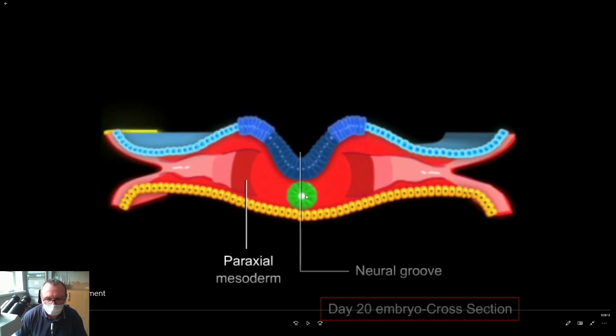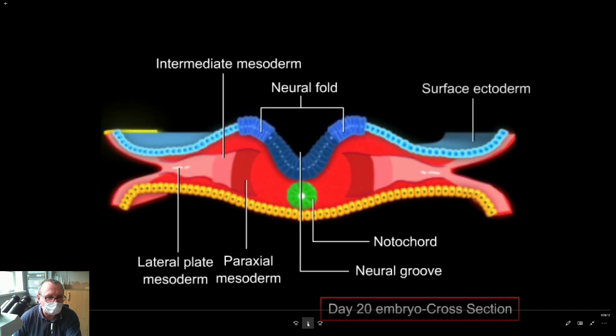Here is a notochord, which still has its lumen because it's a very young stage of its development, and we are mostly interested in mesoderm now. When I stop it with these labels, we can see paraxial mesoderm, intermediate mesoderm, and lateral plate mesoderm. Paraxial mesoderm was already used for the development of the vertebral column and muscles. You know it from the previous semester.